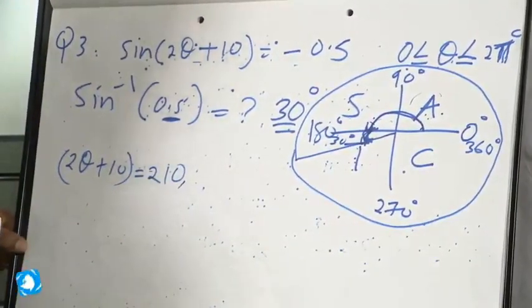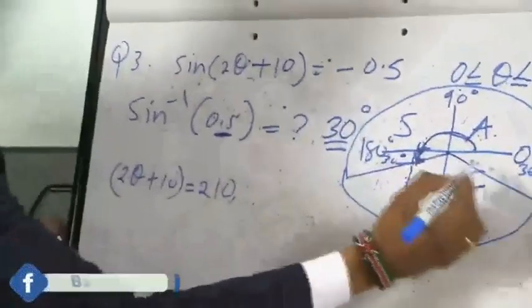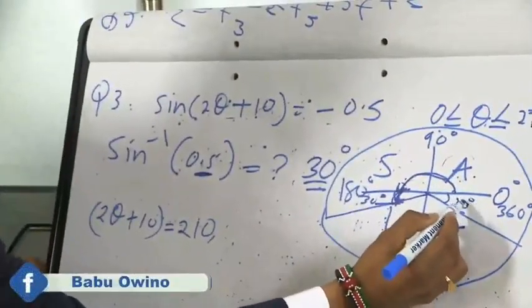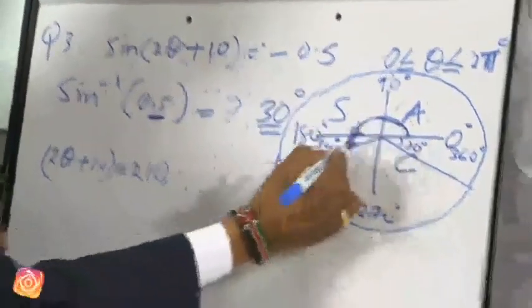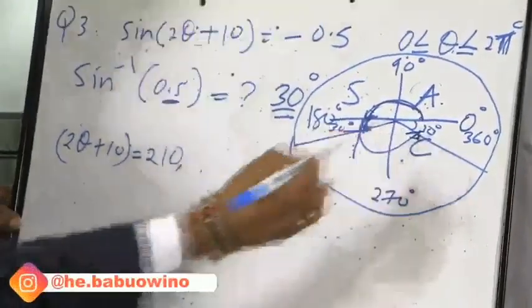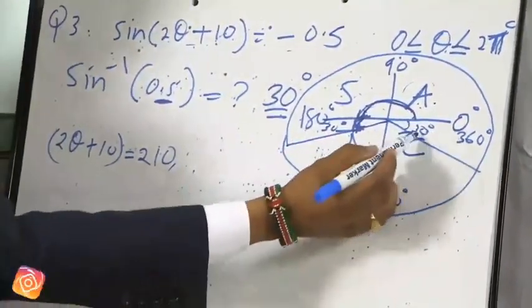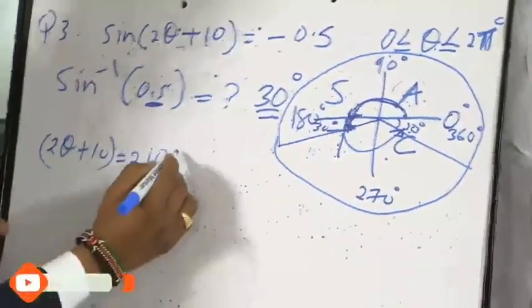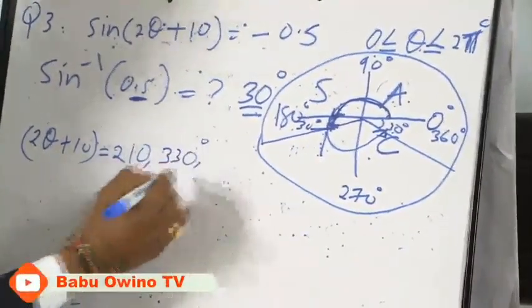Our second angle, if the angle is 30 degrees, what is the value of this angle? That is 360 minus 30 degrees. You get 330 degrees.